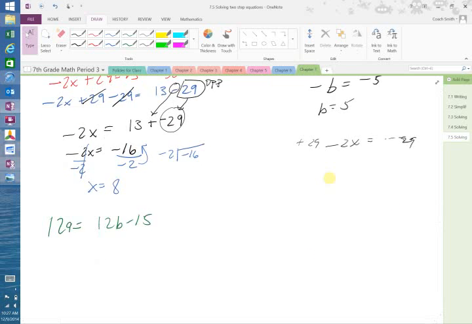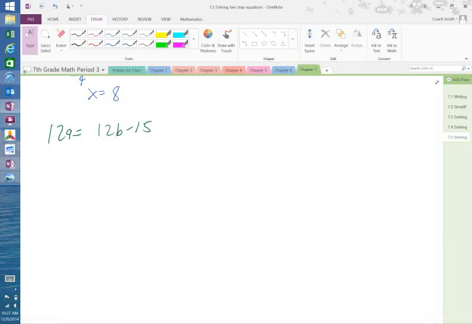Now back to our problem here, 129 equal 12b minus 15. Okay, well, this is 129 equals 12b minus 15 plus 15, because the inverse operation of subtracting 15 is to add 15. Now I got to do it to the other side.